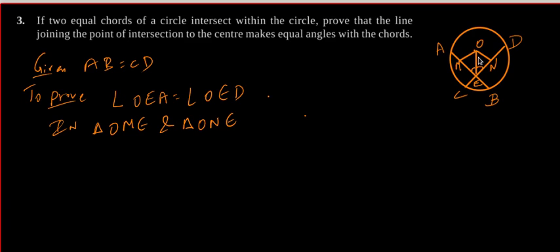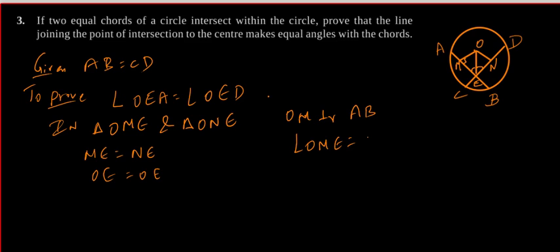Here OM and ON are perpendicular bisectors of both of the chords, so we can say ME equal to NE. And OE is the common side for both. OM is the perpendicular bisector of AB, which implies that angle OME equal to 90 degrees.